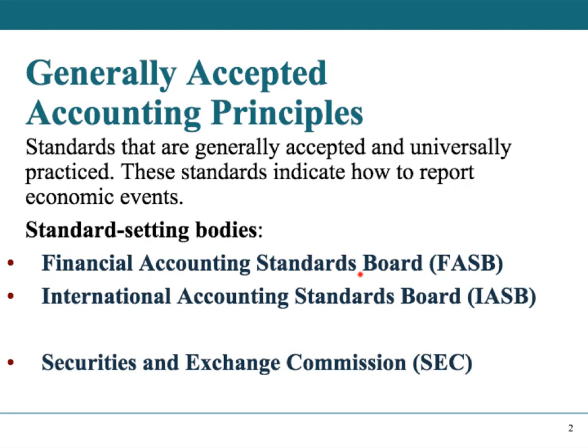Standards, think of them as the rules of the game. The board has quite a few representatives from public accounting, private accounting, and academia. Public accounting would be auditing firms that you might know.